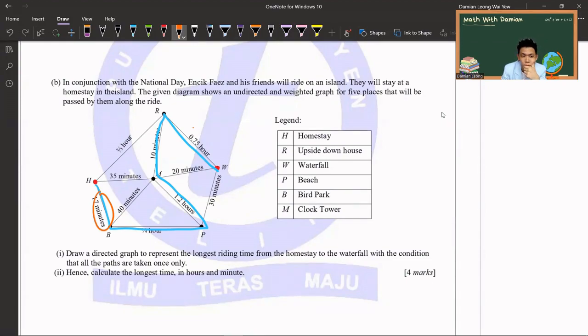Actually, all paths are taken only once.